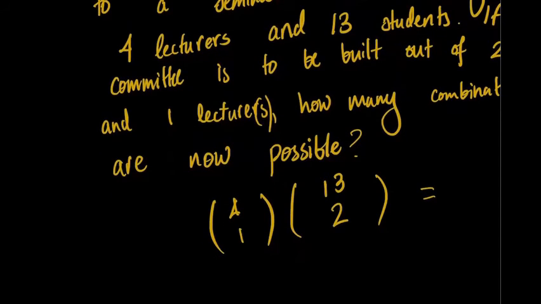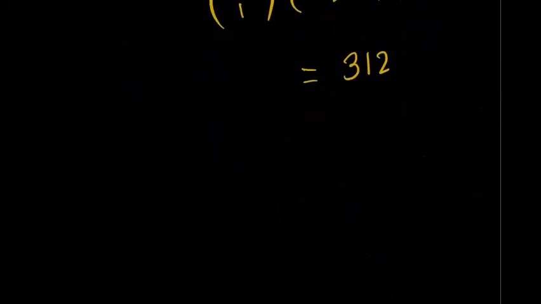Another way you could have done this is 4 factorial over 4 minus 1 factorial times 1 factorial, multiplied by 13 choose 2, which is 13 factorial over 11 factorial times 2 factorial. And this is equal to 312 total different combinations.